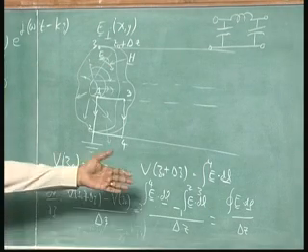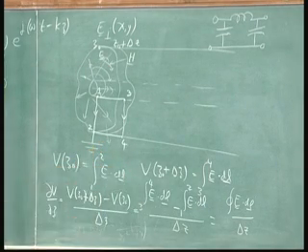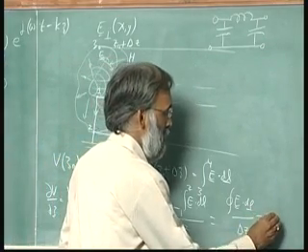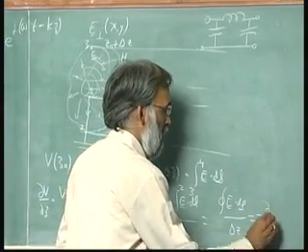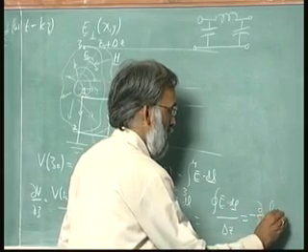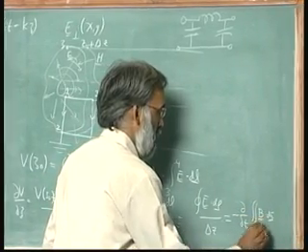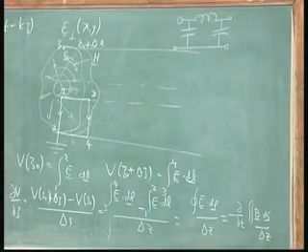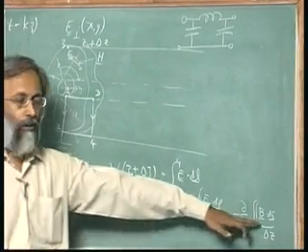Now, I did my Stokes theorem, applied Faraday's law, and what I got was this is equal to minus del del t of surface integral B dot ds over delta z. This is just Faraday's law.